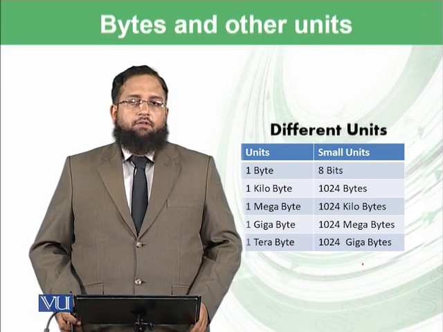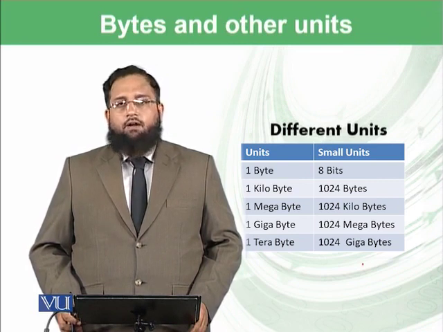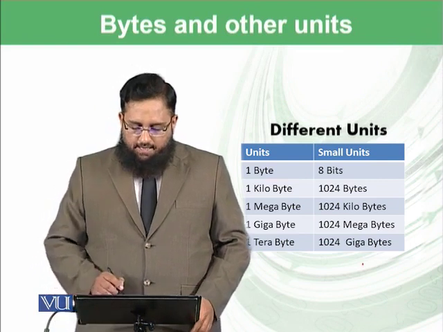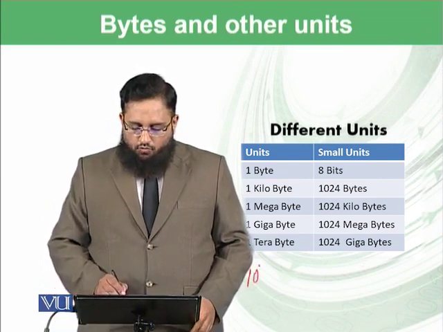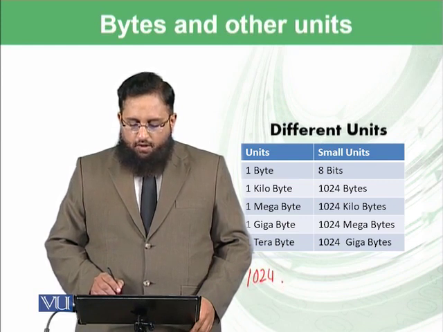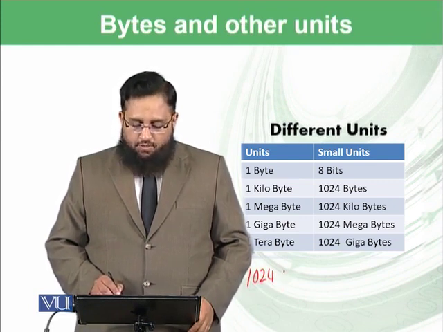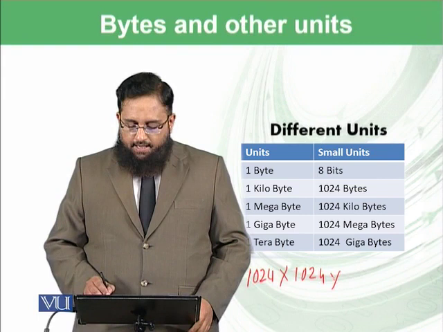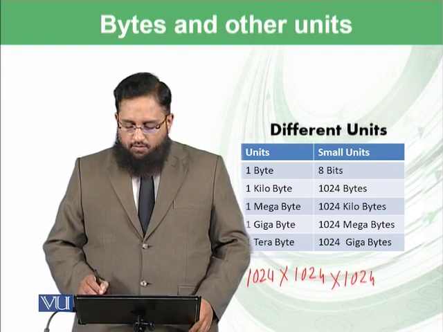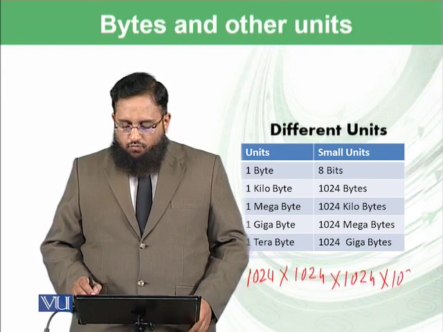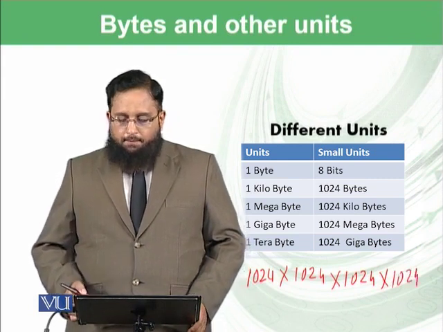So for example, if you say that you have a hard drive of 1 terabyte, this means it has 1024 gigabytes. If we want to find how many megabytes it has, you will again multiply it by 1024. So it will become megabytes, and then multiplying by 1024 will become kilobytes, and then by 1024 will become bytes.